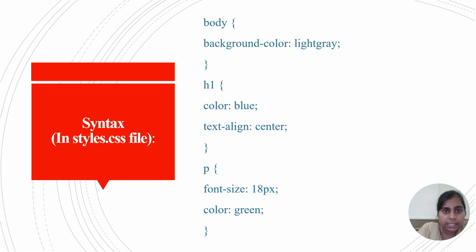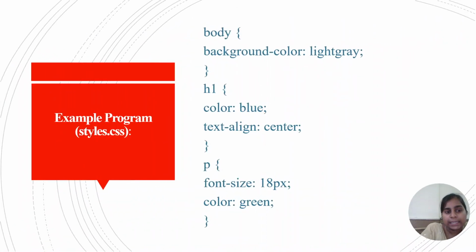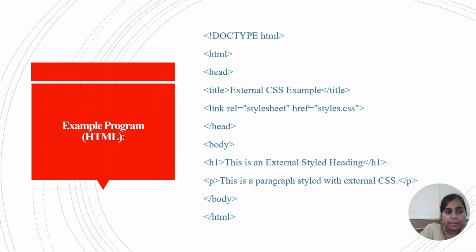So then this file must be saved with the .css extension. So then here I am embedding this CSS file into the HTML document by using the link tag. So the HTML code is here.